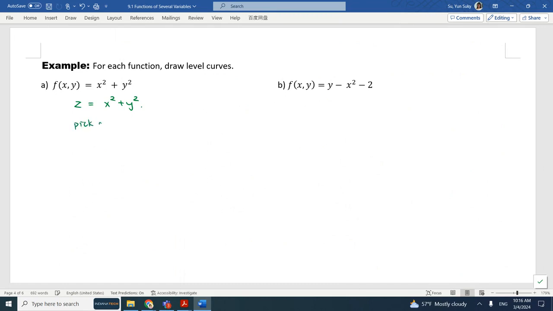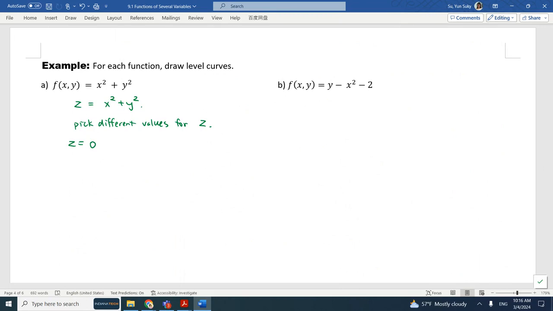So pick different values for z. What is the smallest z? It could be 0, right? Everybody? The smallest z could be 0. Can z be negative? Look at your right hand side, x squared plus y squared. It must be greater or equal to 0, right?